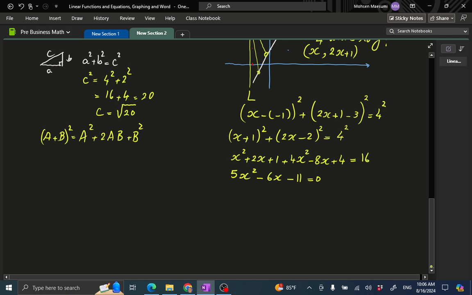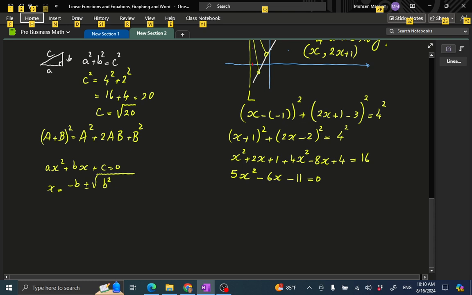So that's a quadratic equation. Do we remember how to solve that quadratic equation? Okay, so let me quickly review quadratic equations for you as well. If I have ax squared plus bx plus c equal to 0, what is x? X is minus b plus or minus radical what?